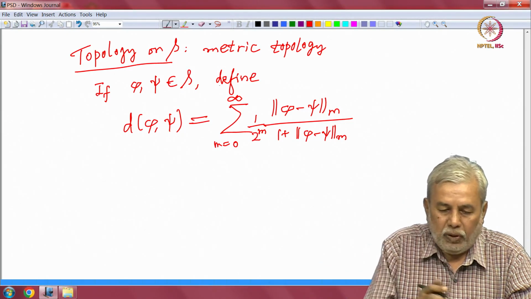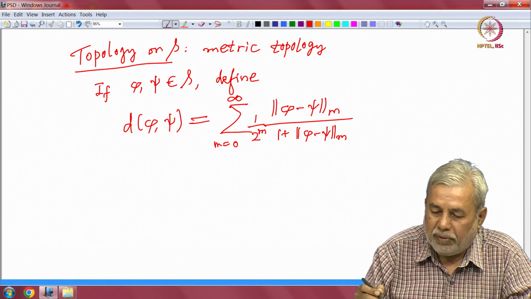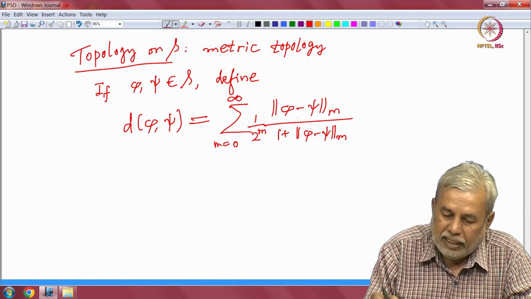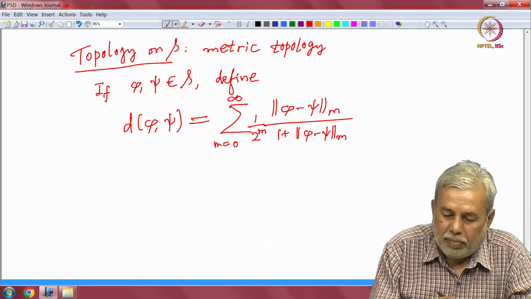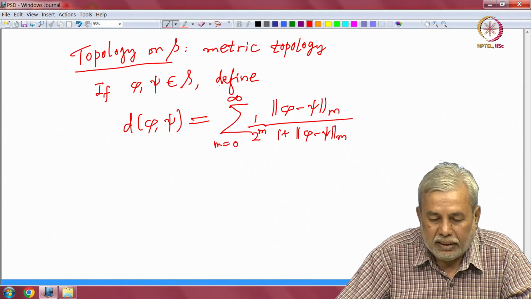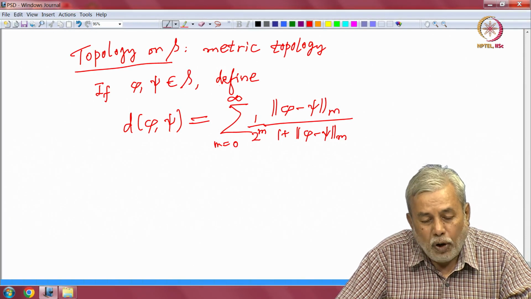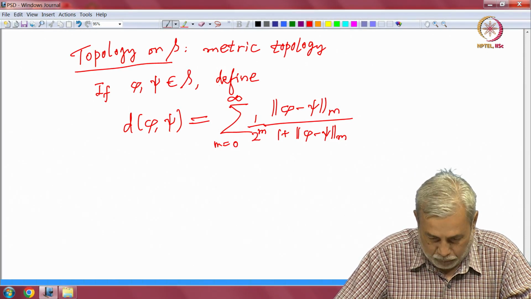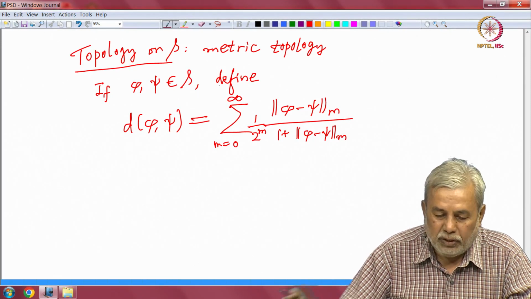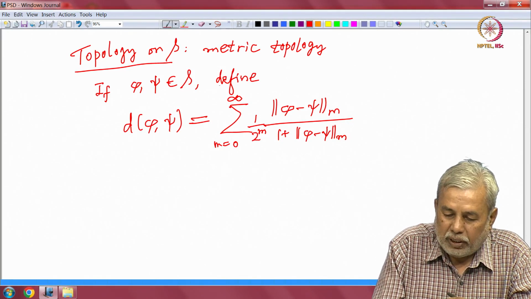Okay. So, even if you change the norms, and then that changes the metric, but finally the topology on S remains the same, and importantly that is what we are interested in, a convergence of sequences. Okay. So, that is important.